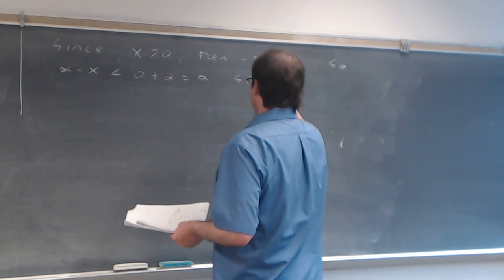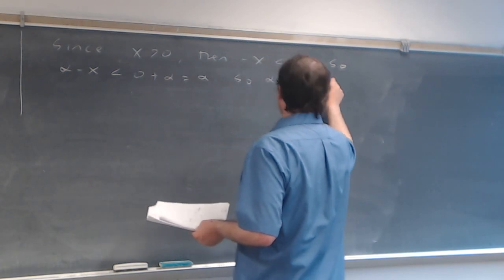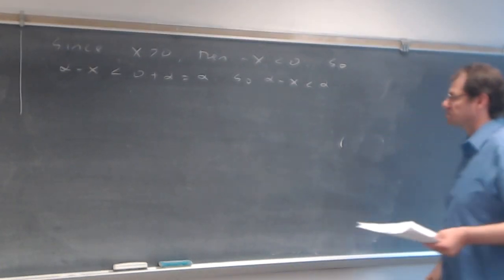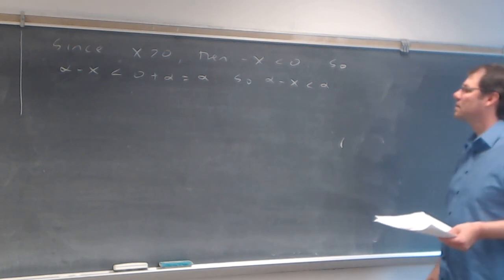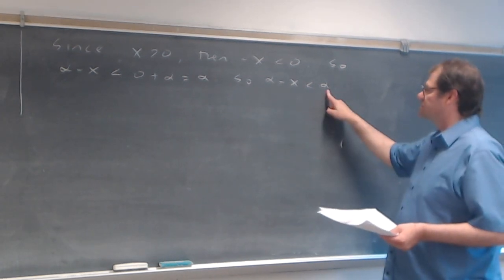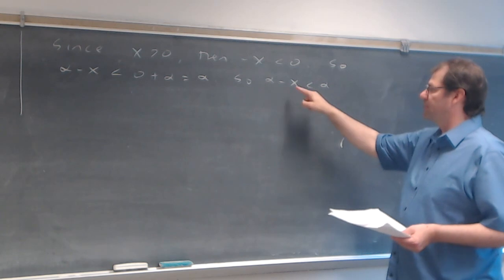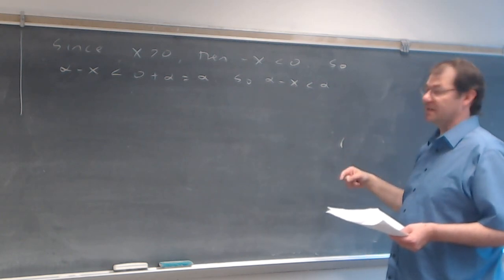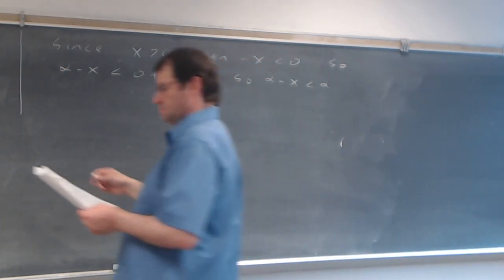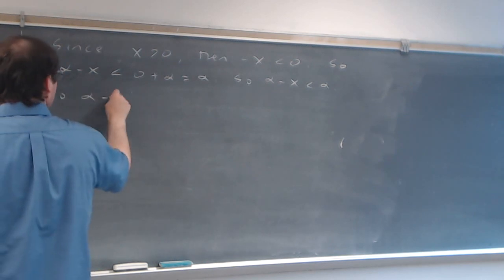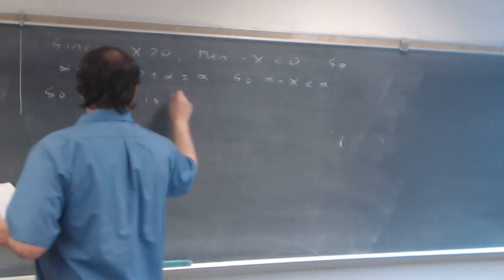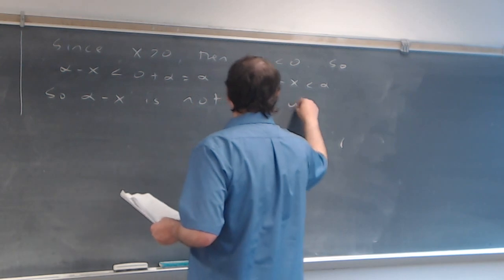So all I'm saying is that alpha minus x is less than alpha. So alpha is the supremum, the least upper bound. So if you give me something smaller than it, it's not an upper bound. So alpha minus x is not an upper bound.